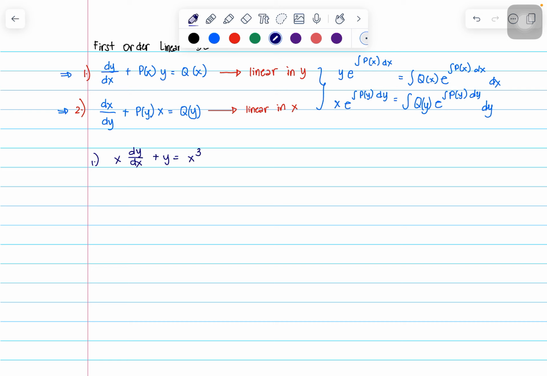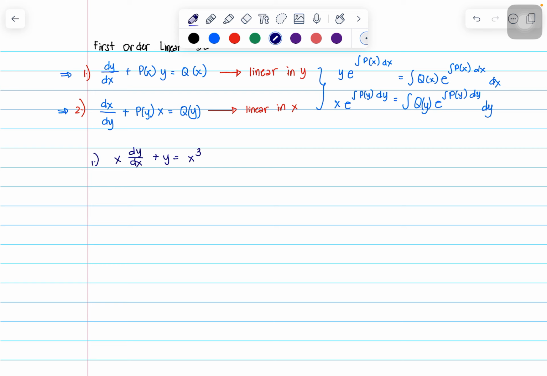You can already see here that it is linear in y because the exponent of y is 1 and the highest exponent of x is 3. And so, if it's linear in y, we need to follow the first equation.